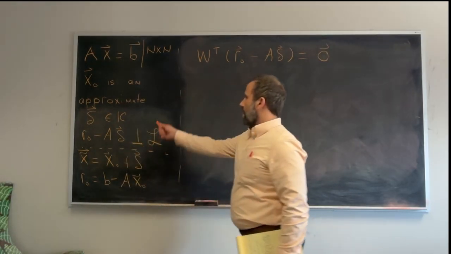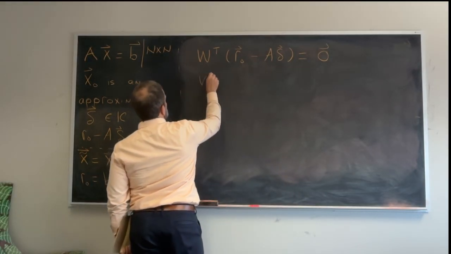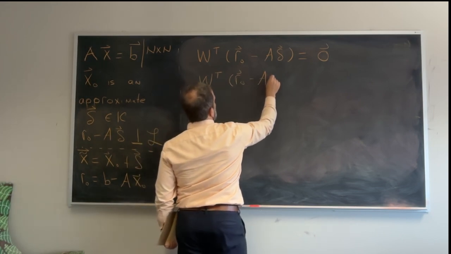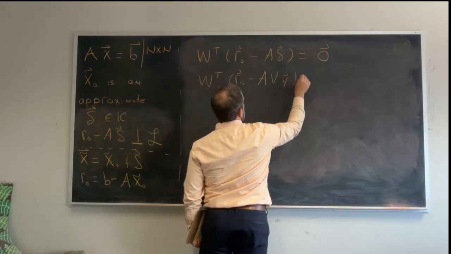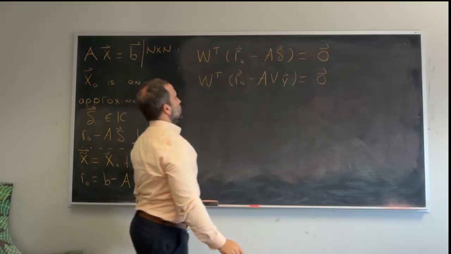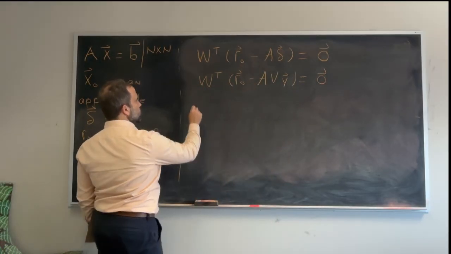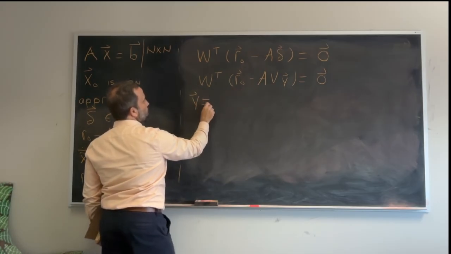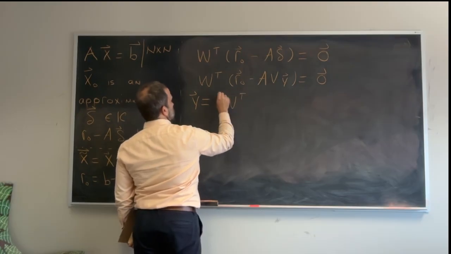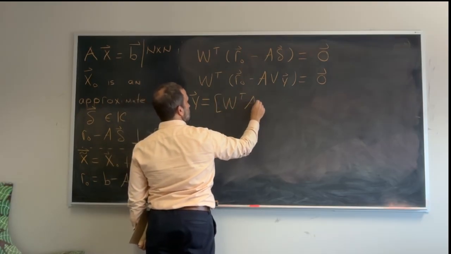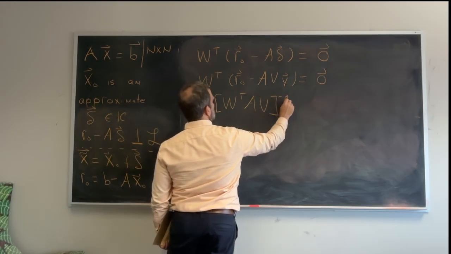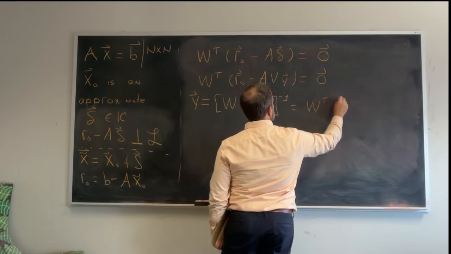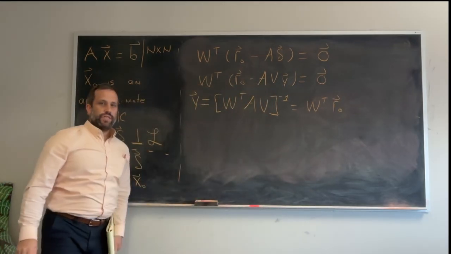And delta is just a vector in the subspace K, so we can write this as W transpose times (R naught minus A V y) equal to the zero vector. Finally, we want to solve this for y, so y is equal to (W transpose A V) inverse times W transpose R naught. For now, we're just assuming that we're dealing with the standard inner product on Rn.